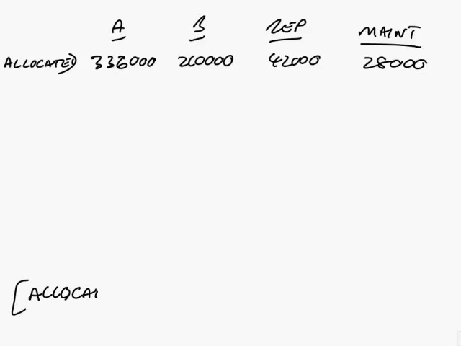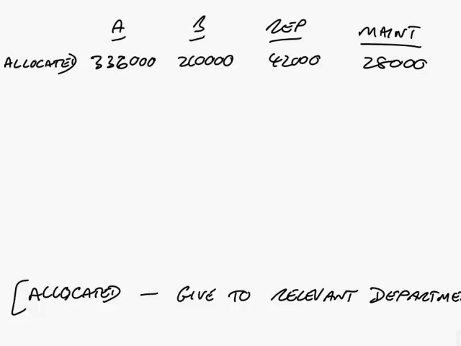However, carrying on, it says there are general overheads of 308,000, which are to be apportioned. And when it says they're to be apportioned, well again, because they might test you on the words, apportioned means shared between departments.